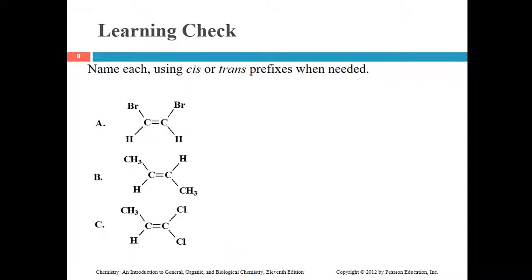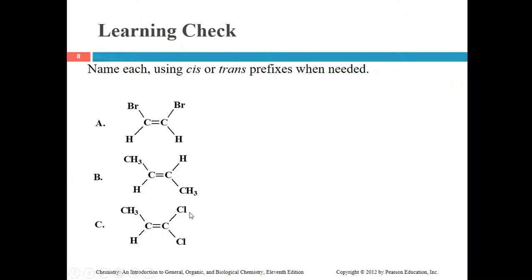So let's look at these and name these and see what you get. First of all, I just really want you to see if you can identify if they're cis or trans. When we look at this one, I'm hoping you see that it's on the same side, so this is going to be cis. This and this are on the opposite side, so it's going to be trans. And on C, look, you've got chlorine and chlorine.